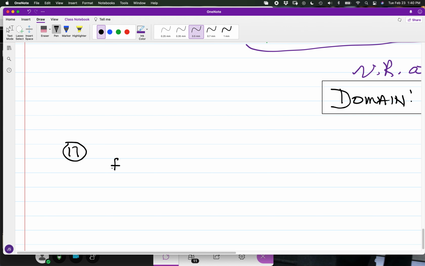Okay, so again we have f of x, that is 3 over x minus 1, and g of x, that was x over x plus 12.